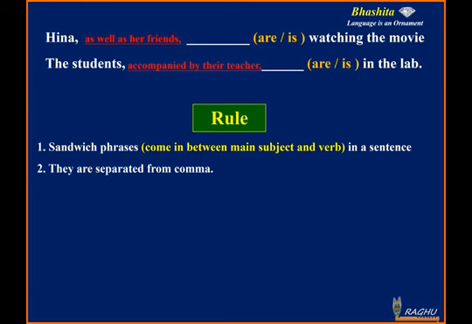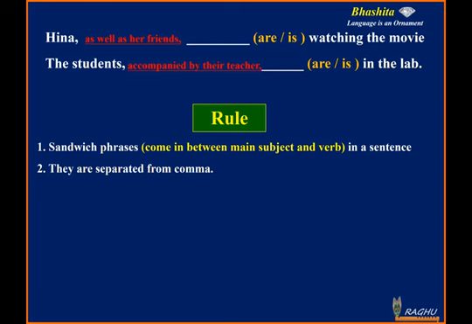If you observe the given two sentences on the screen, we have sandwich phrases there, which are highlighted in red color and separated by commas. What are the sandwich phrases we could identify in the given two sentences? Observe carefully, they are in red: as well as her friends, accompanied by their teacher. Both these sandwich phrases are separated with commas, and they come in between the main subject and the verb.